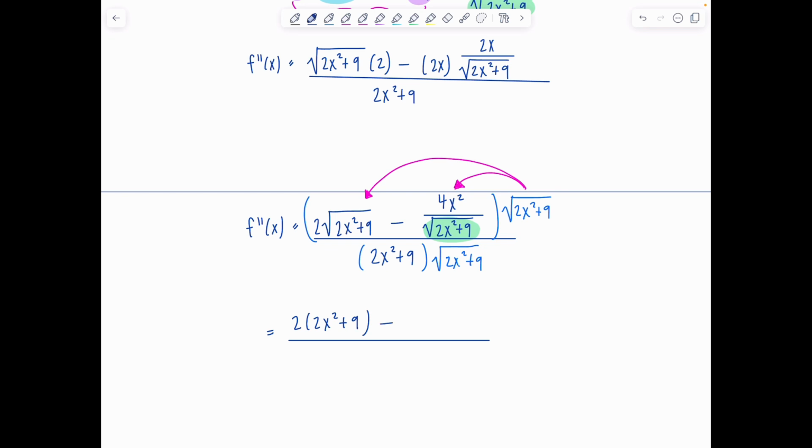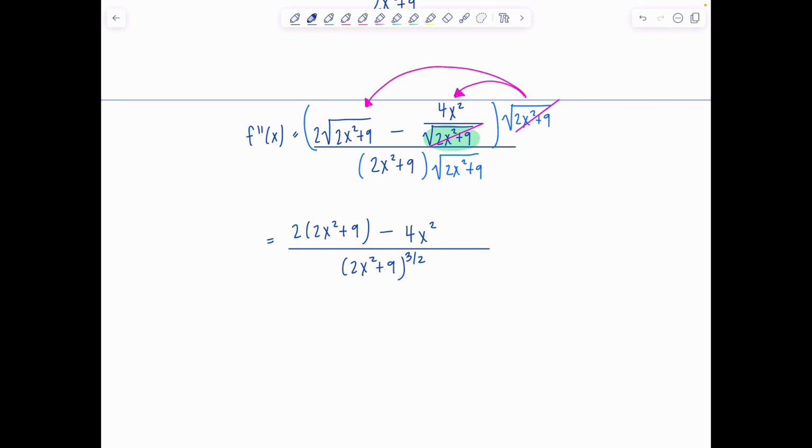Okay, minus. And then when I distribute it to the second term in the numerator, the radical cancels out entirely. Perfect. And then the denominator, I can write it as (2x² + 9)^(3/2), because this is to the first, to the 1/2, add the exponents. You're on your way. Good, good, good. We're almost there.